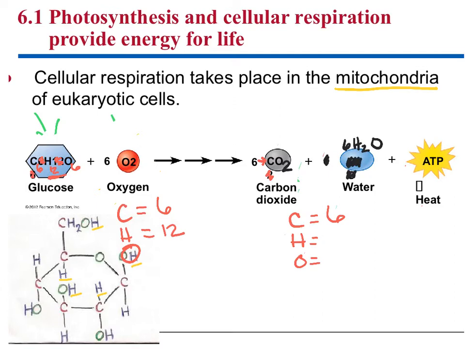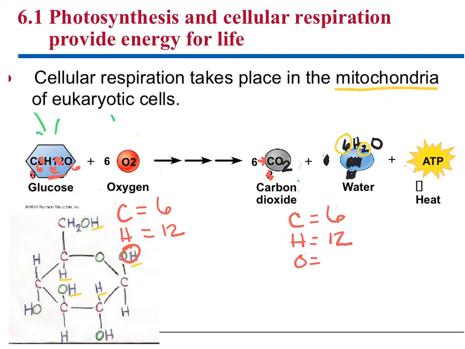We've got the 6 in front of the H, but then you've got the subscript right here. To figure out how many hydrogens you have, you take the number in front times the number in the subscript. So 6 times 2 is 12. We've got 12 hydrogens over on the right.